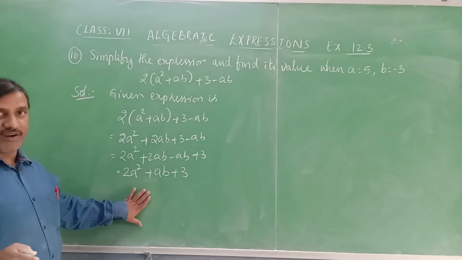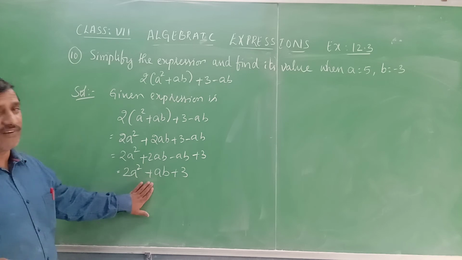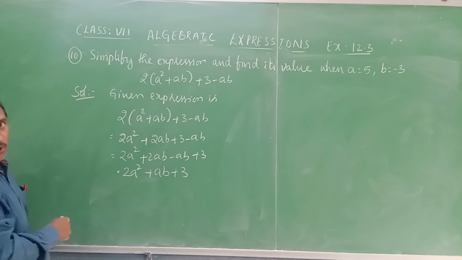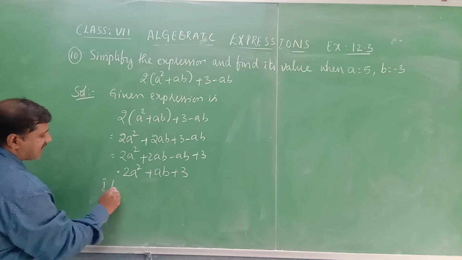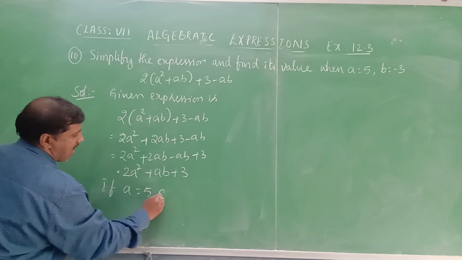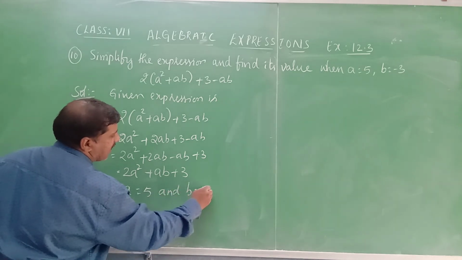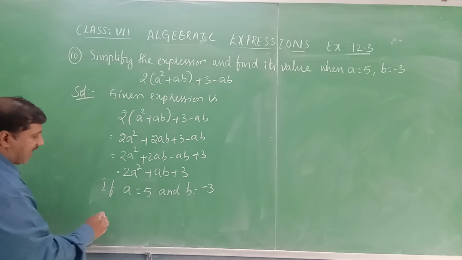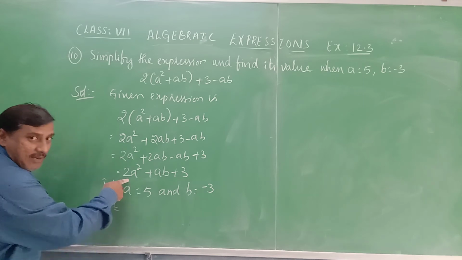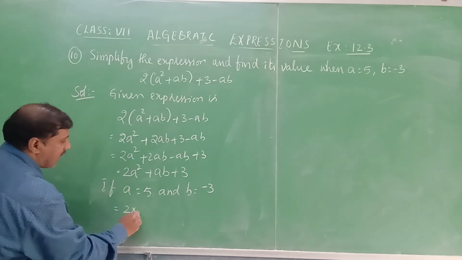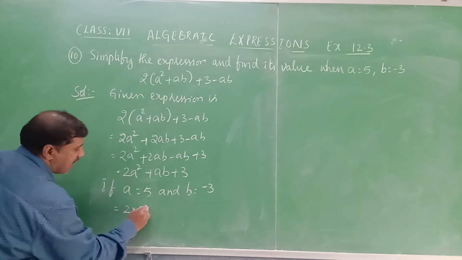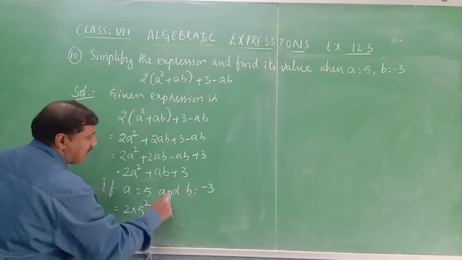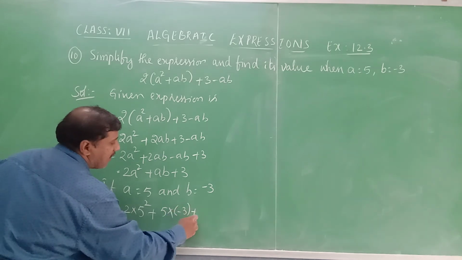Now this is a simplified form and you have to find its value when A is equal to 5 and B is equal to minus 3. If A is equal to 5 and B is equal to minus 3, then the value of 2A square plus AB plus 3 is, that is 2 into A square, that is 2 into 5 square, plus AB, A is 5 into B is minus 3, plus 3.